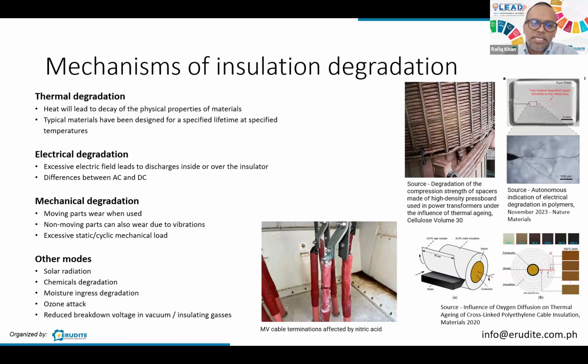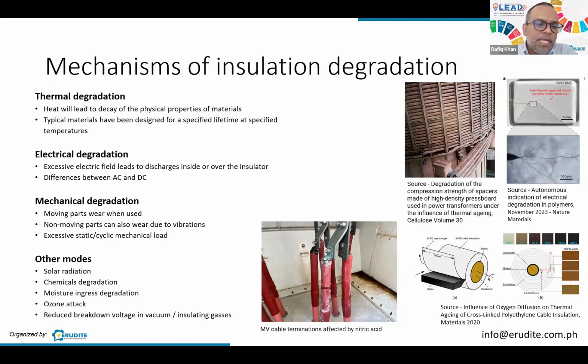These are also aging at the same time, but the main function of these press boards is to mechanically put everything in place, space between the windings. When you have aging of this, it starts to sag, it starts to collapse. This is a problem where the conductors, the windings, start to come closer to each other. So transformers also face thermal aging.